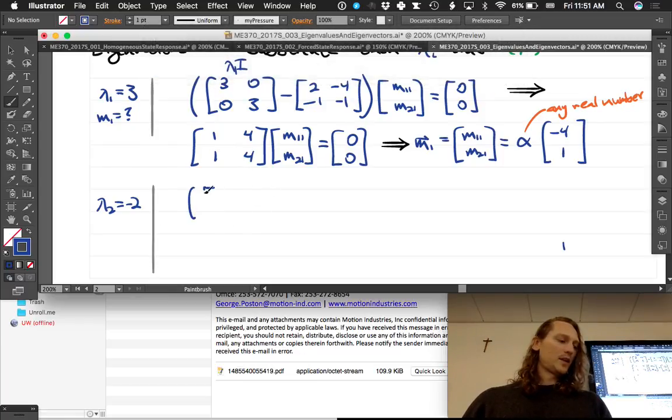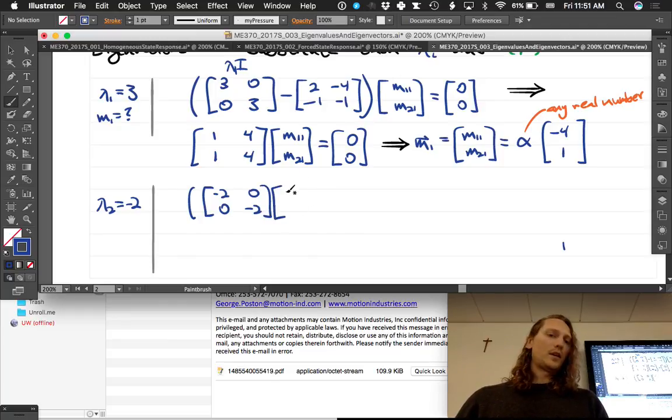By the same process, we plug in lambda 2 equals -2, then 0, 0, -2, and then we call this M12, M22, equal, sorry, I totally screwed that up. Erase. 2, -4, -1, -1.